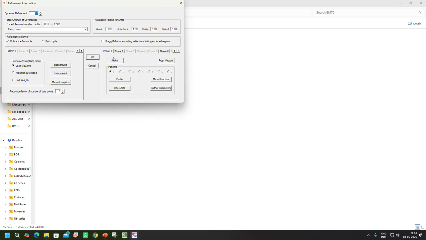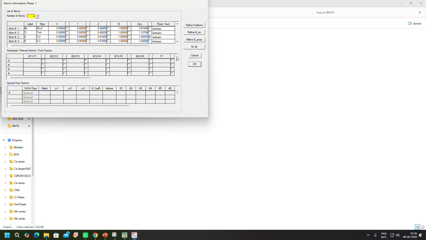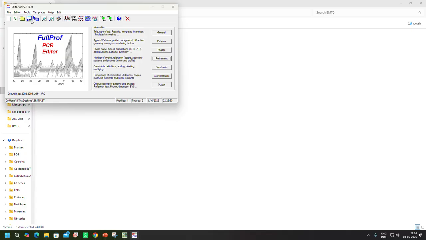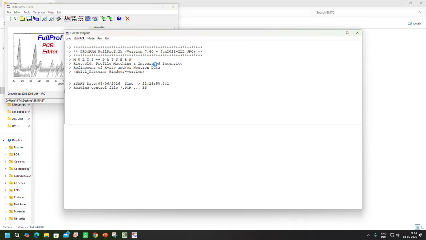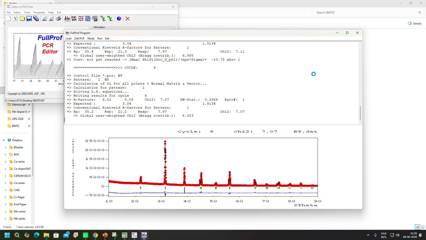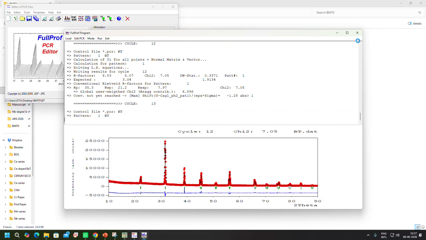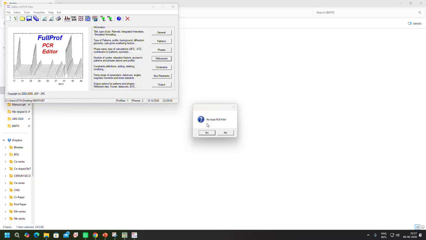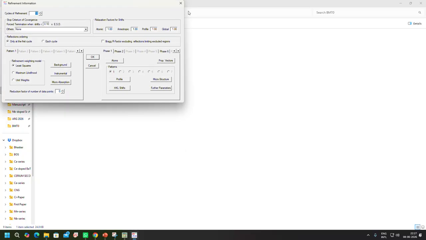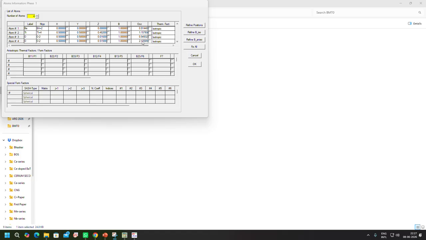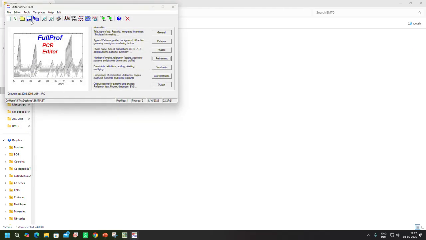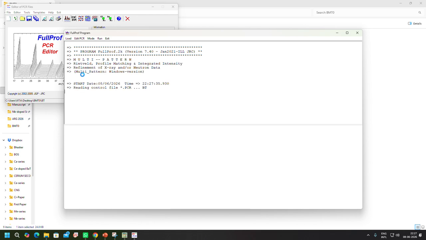Okay, now this one. It will give you the approximation between your parameters. Okay, so here you see that if you add both these parameters, it is close to 3. So now our refinement is good. Now we refine the B parameter one by one.